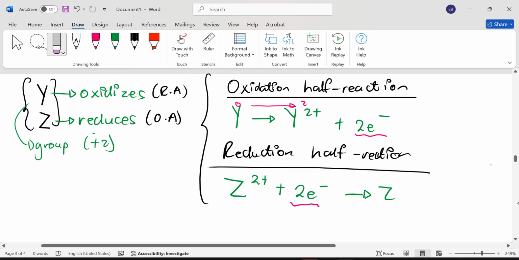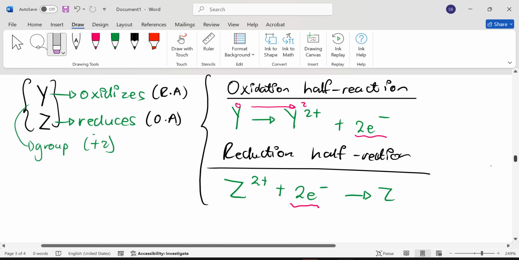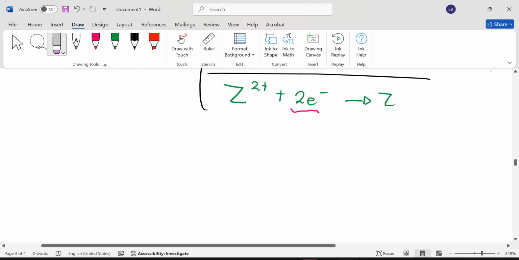Now, if I had to use these two, the oxidation half reaction, and by the way, when they ask you for the oxidation half reaction, please just write down the half reaction for the one that oxidizes, and that's it. Please, they're going to be specific: oxidation half reaction, reduction half reaction. Or they can say, write down the net reaction.